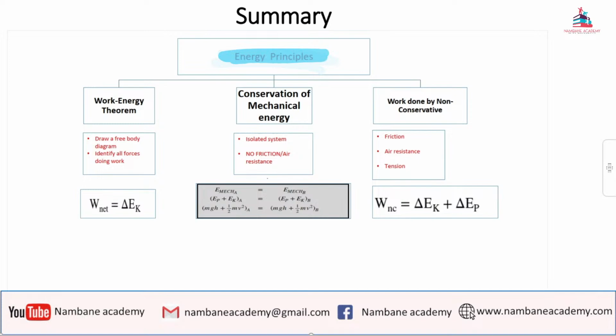Those are the three energy principles that we have. One might say I am creating a misconception by saying work done by a non-conservative force is an energy principle. I added it as an energy principle because it relates to work and energy, the work done by frictional force, and also it relates to the kinetic energy of the object as well as the potential energy of the object. Hence, I added it here to become part of the energy principles.